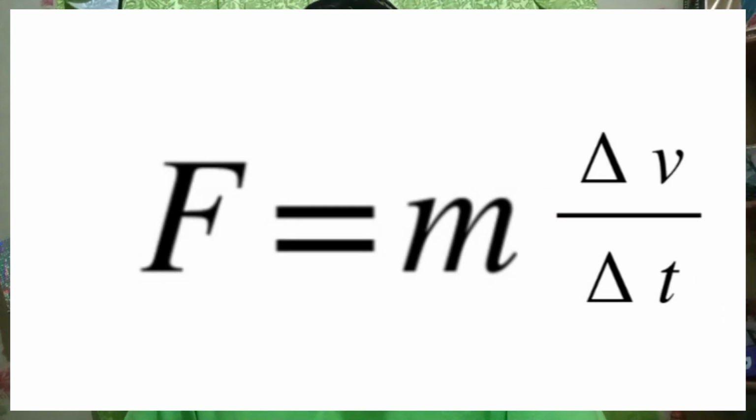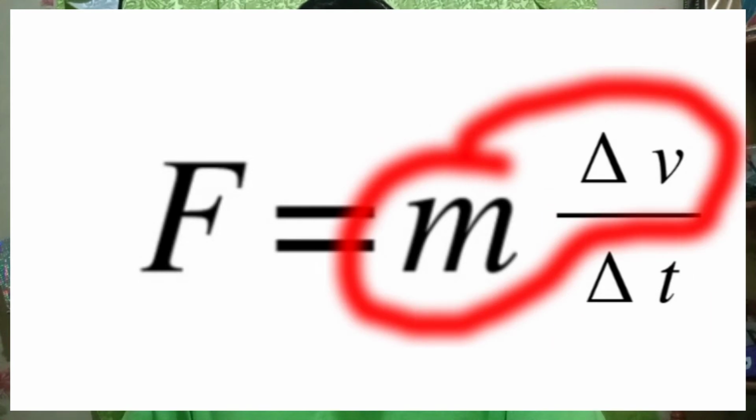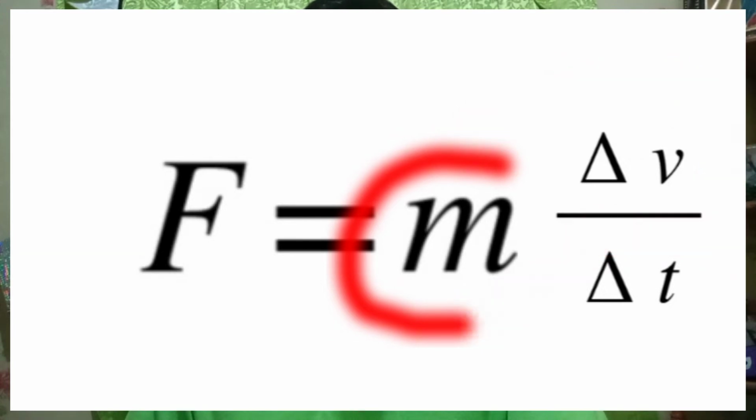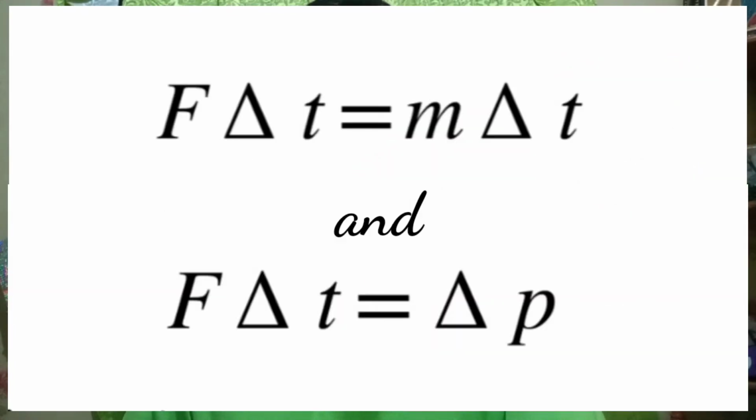From this equation, m delta v is equal to the momentum of an object, because the components of momentum are mass and velocity. With this, the equation can be written as F delta t is equal to m delta v, or F delta t is equal to delta p.